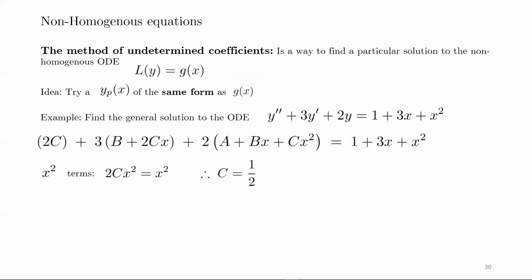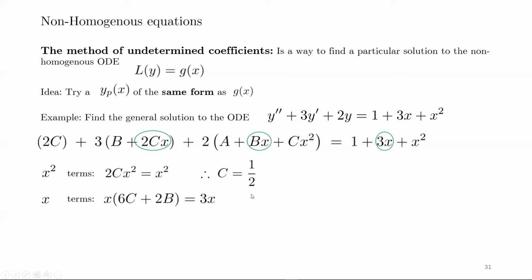Okay, so now let's look at the x terms. On the left hand side, I have 3 times 2c here, so 6c times x, and I've got 2 times bx here, and I've got 3x on the right hand side. So if I write that out, I get 6 times c plus 2 times b equals 3.